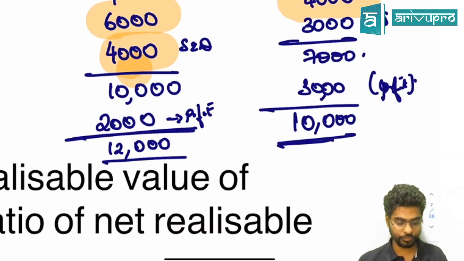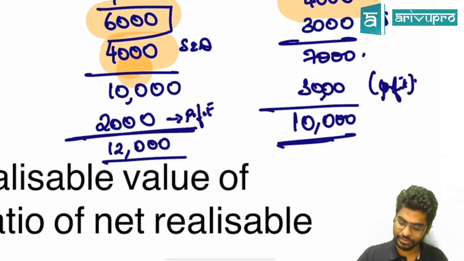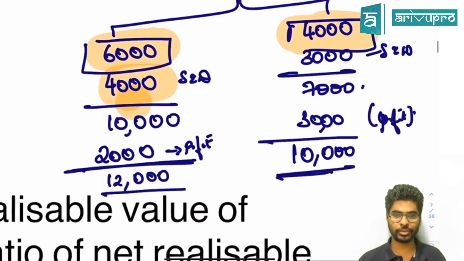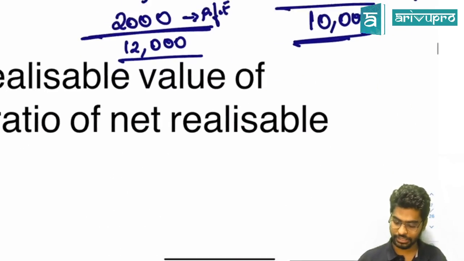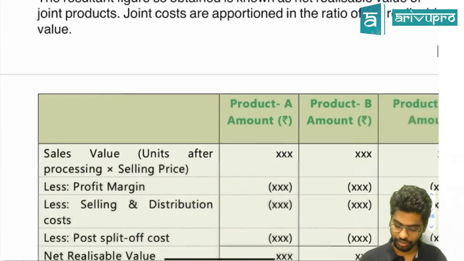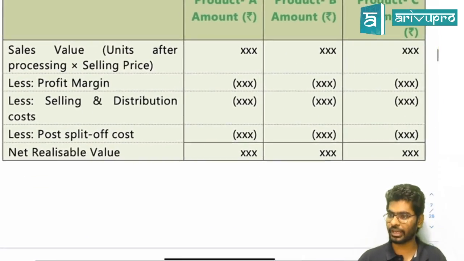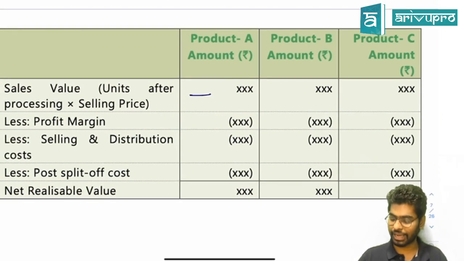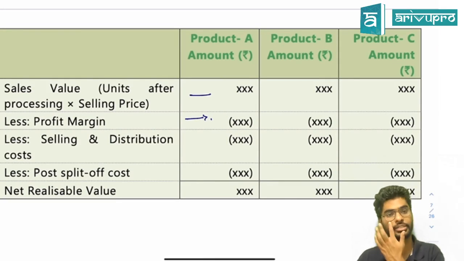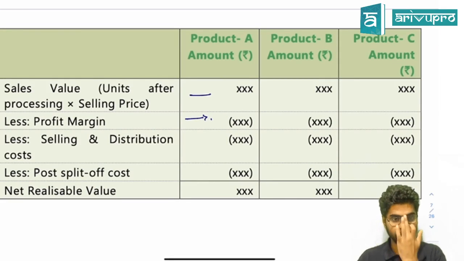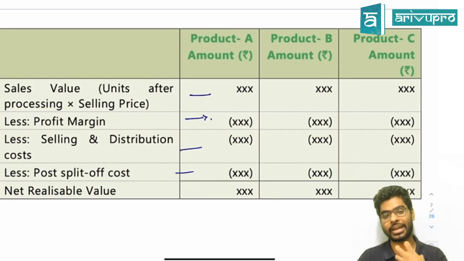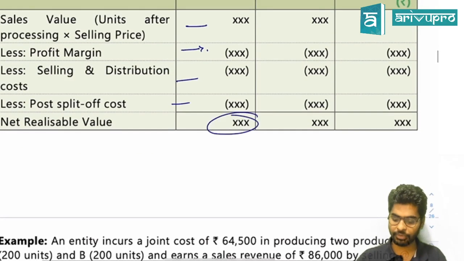So what I do is go in reverse, because I need to arrive at this price, that is 6,000 and 4,000. I'll take the sales value, and from that I reduce my profit margin, then any selling and distribution cost or any separate cost I've incurred, so I'll end up getting here.